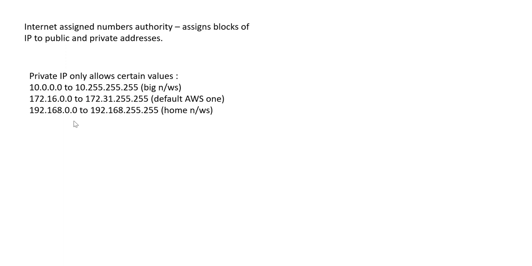And if you're at home, if you have done an ipconfig and seen the IP, chances are it starts with 192.168. This is for your home network. So only IPs starting with these can be used as private networks.